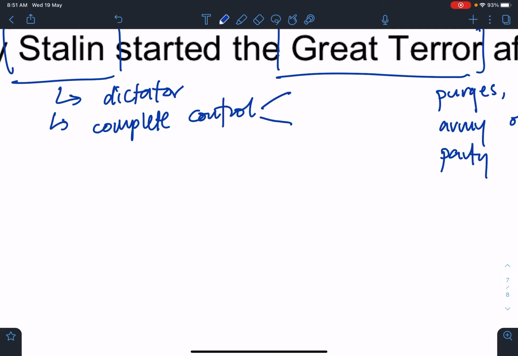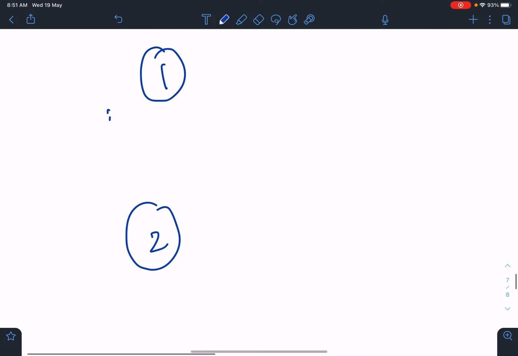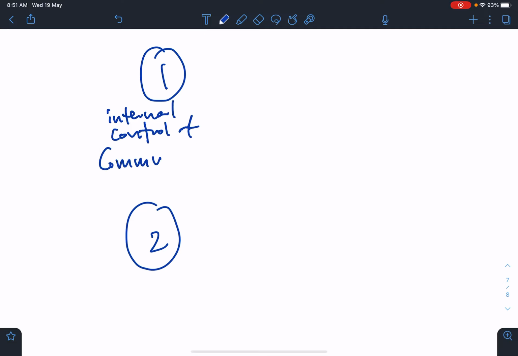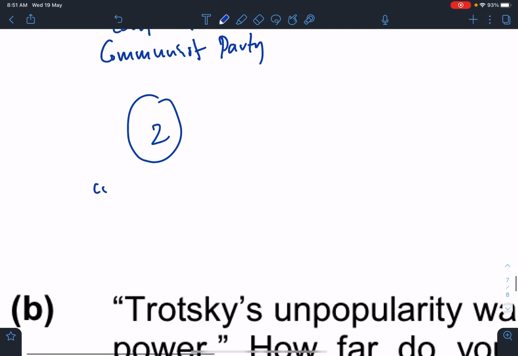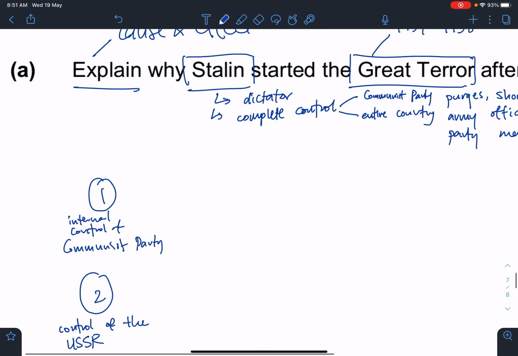He wants complete control of the Communist Party as well as the entire country. So I can split my points into internal control of Communist Party and external control and control of the USSR, right? He wants to be able to dominate the country, okay?